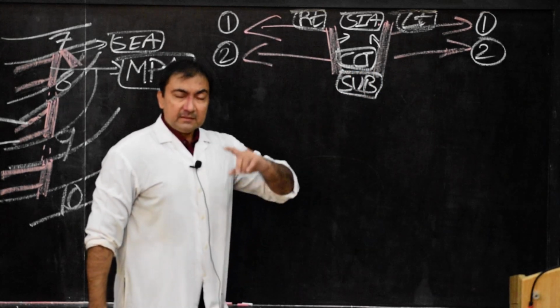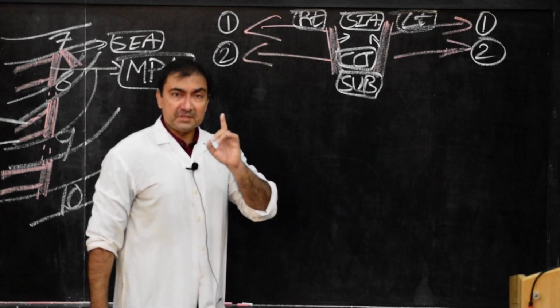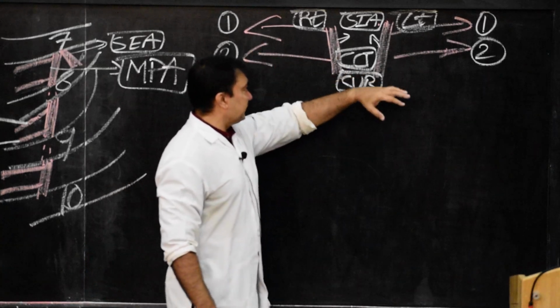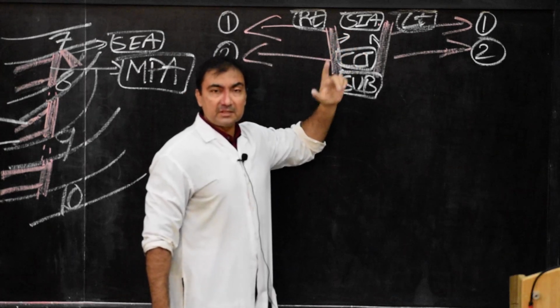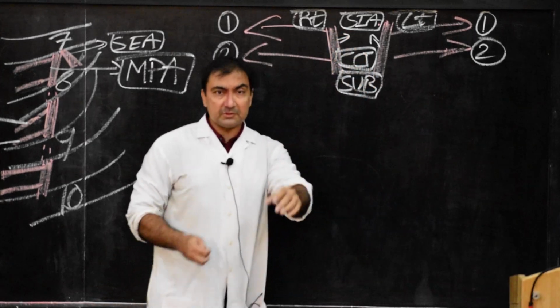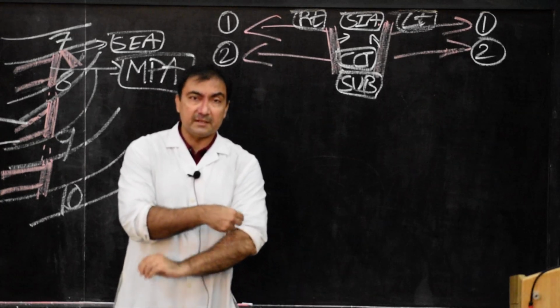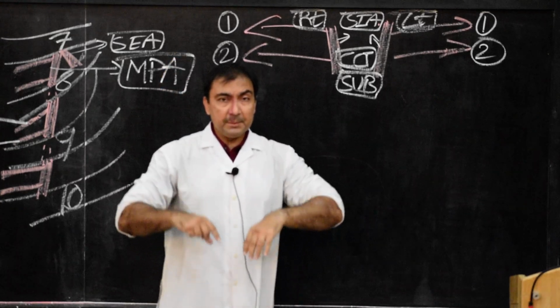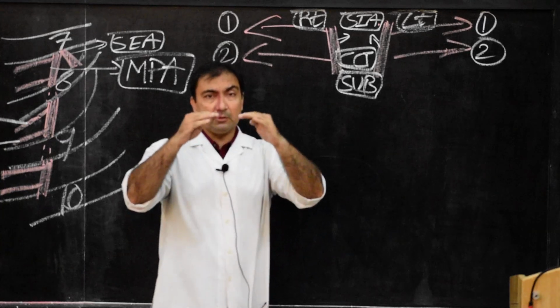So remember one thing, the first and the second posterior intercostal arteries, on both right and left side, are branches of the superior intercostal artery, which are branches of the costocervical trunk, and this costocervical trunk is a branch of the subclavian artery. Now the remaining spaces; remember posterior intercostal arteries are present in all the intercostal spaces.